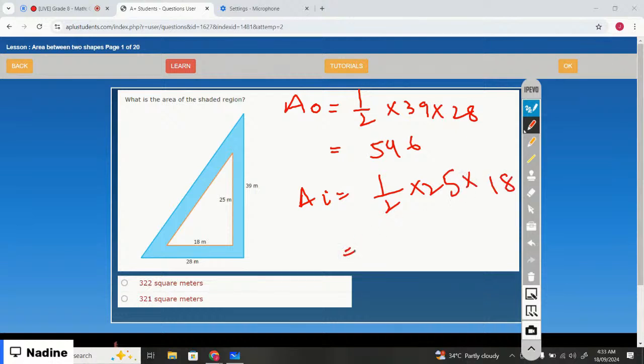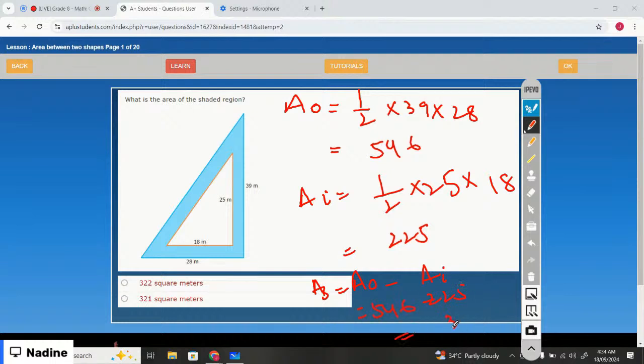Now calculate the area of the inner one, that is half times height times width. So that is 225, right? So you need to calculate the area of the shaded region, subtract the area of the inner rectangle out of the outer one. So that is 546 minus 225.